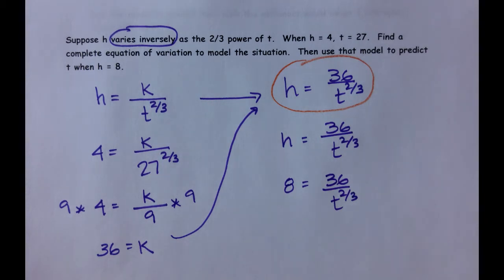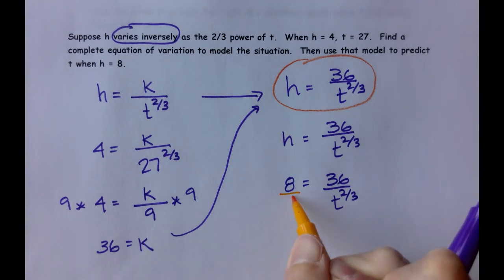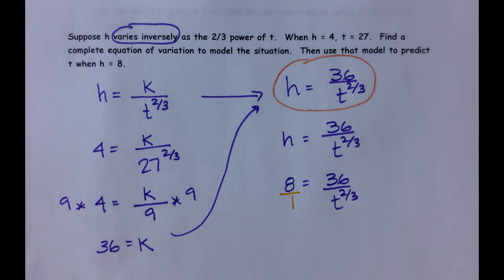If you are unsure on how to solve this equation, it might help to make that 8 into an improper fraction. Call it 8 over 1. And then you can cross multiply. If you do that, you will get 8 times t to the 2/3 equals 36.